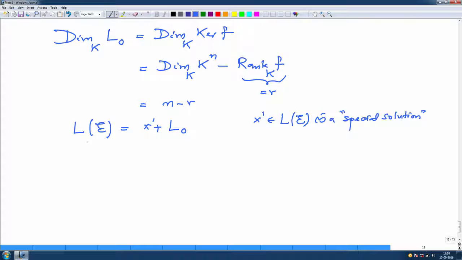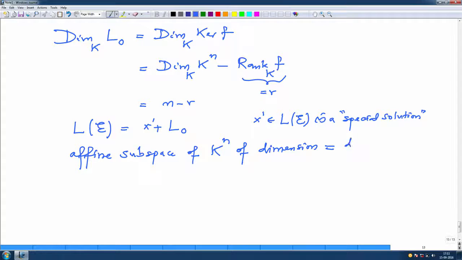So, therefore, this L of E is an affine subspace of k power n of dimension equal to the dimension of L0, which is n minus r, where r is the rank of the system.